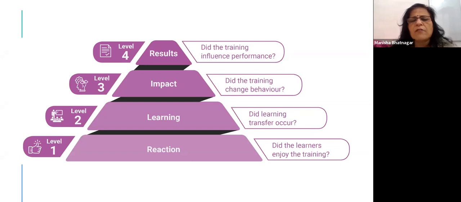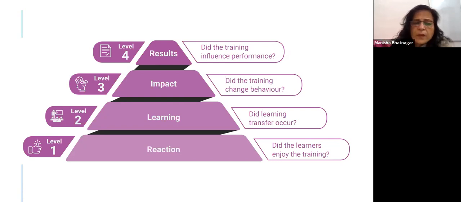This could be checked at the job level and also at the training center level, checking whether they would be able to transfer the learning, whether the course was designed in such a way. So what is the enhancement in learning? That is what we check here. This is the basic question that you ask when you do this level of evaluation.